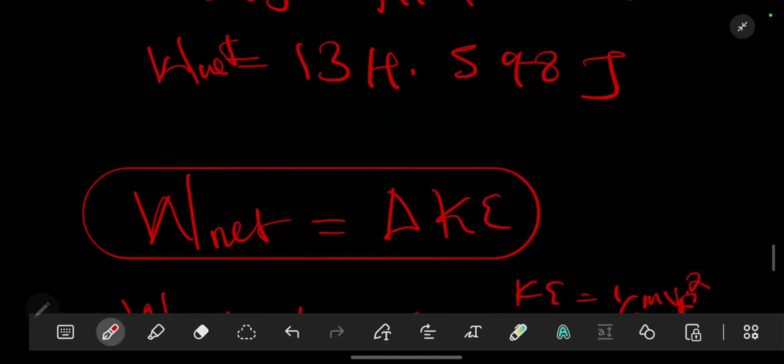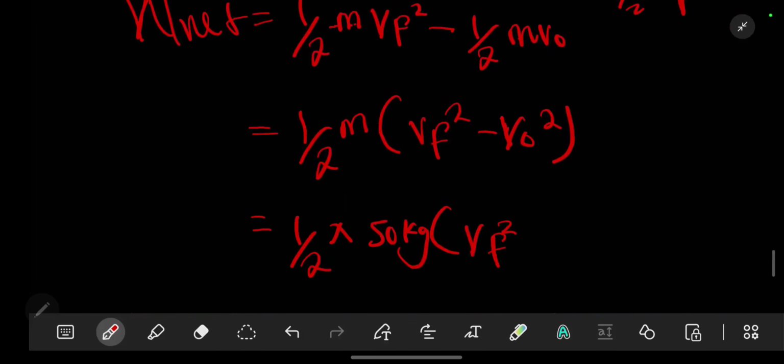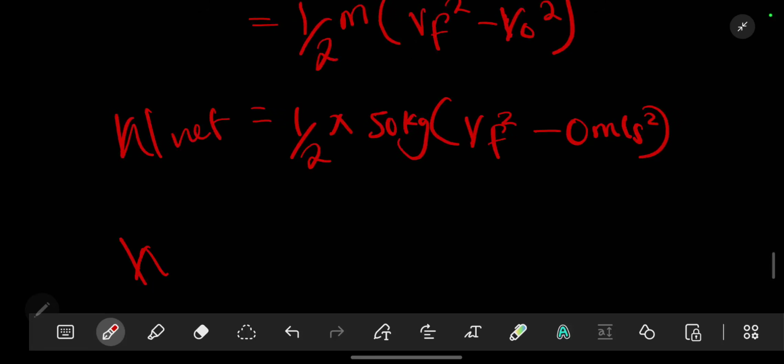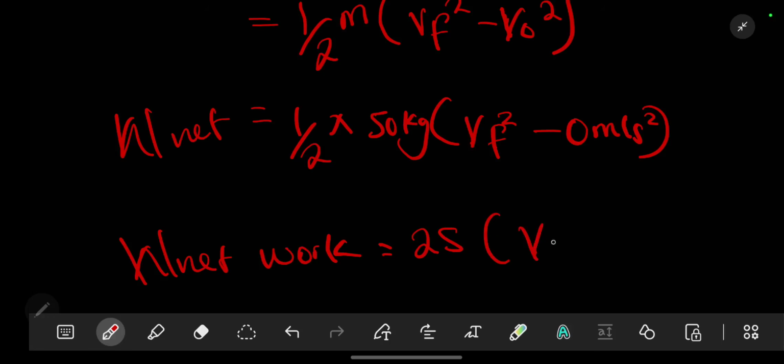So we are going to say minus 0 meters per second. So the net work should be equal to half times 50, which is 25, times v final squared minus 0, which will just be v final squared.